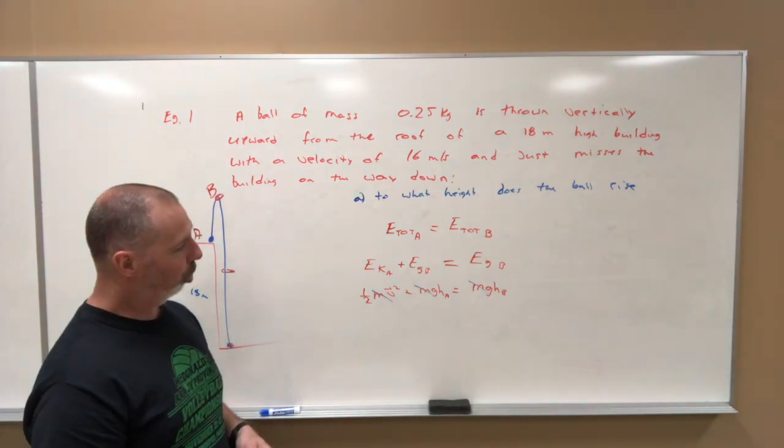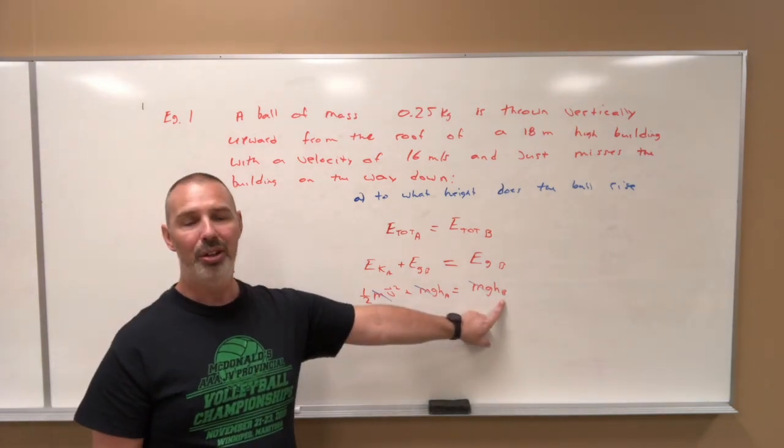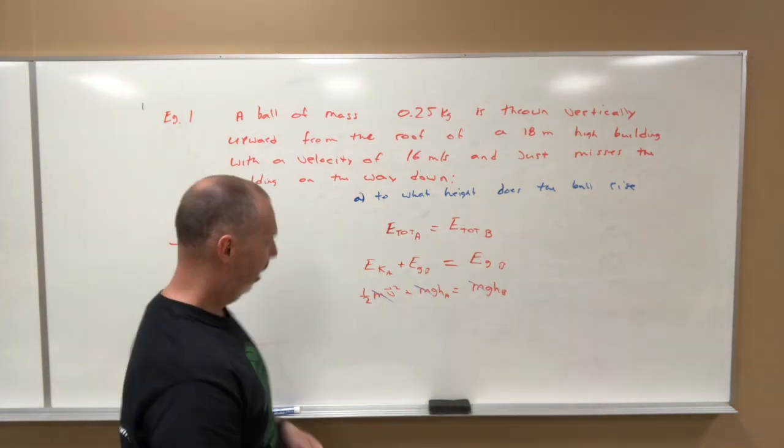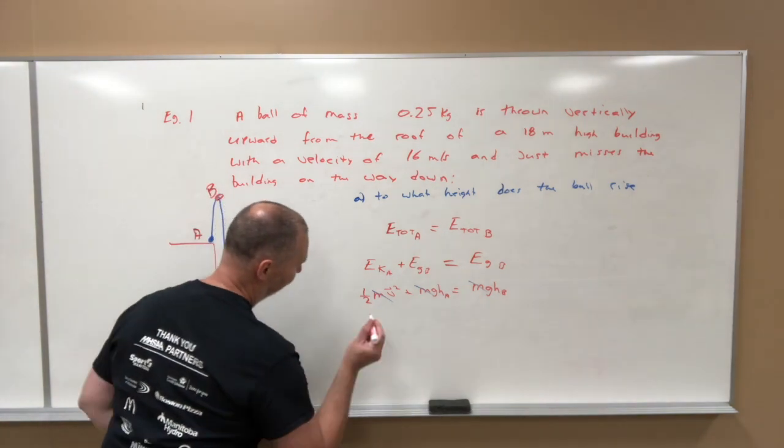All right, our goal here was to solve for how high the ball went, which was h at B, and so we can do that now. We can plug in our information.